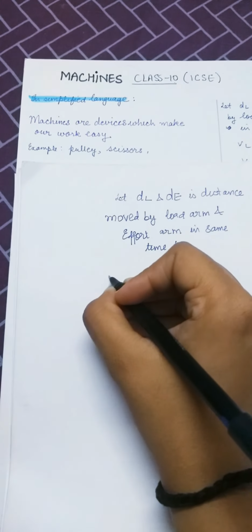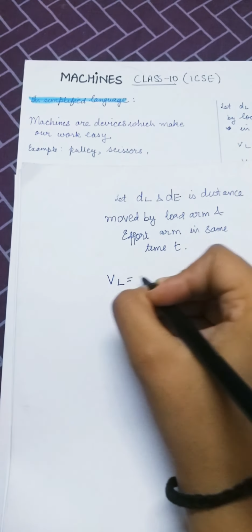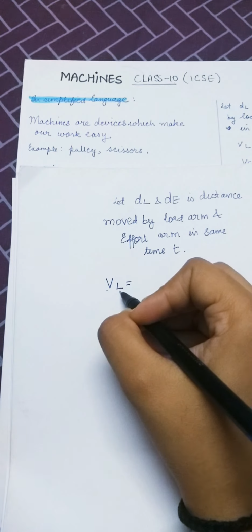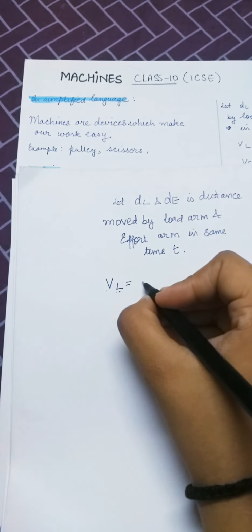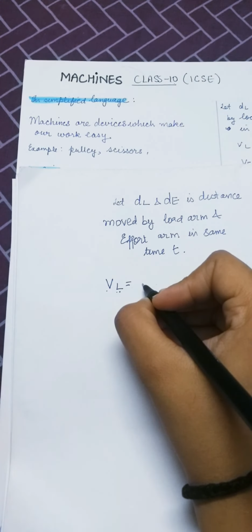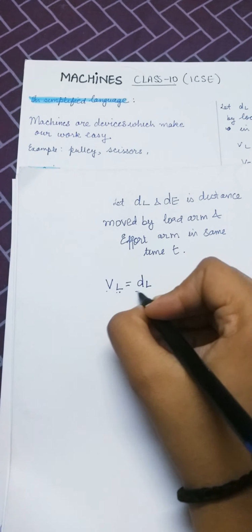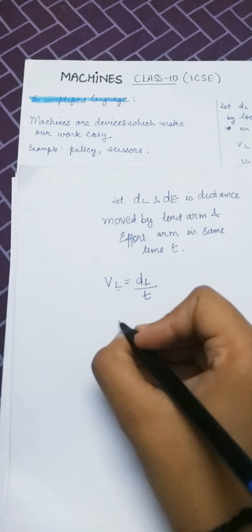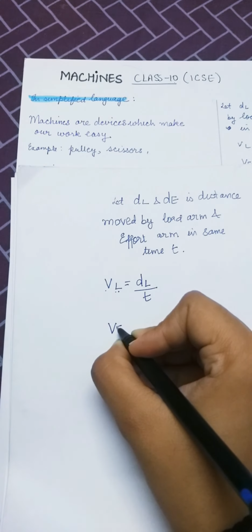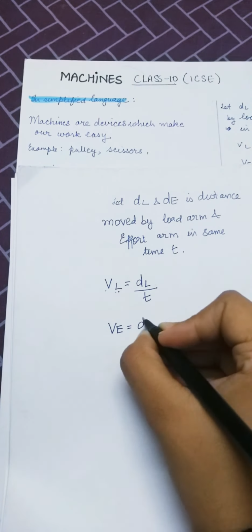So I can write VL equal to, VL was the velocity of the load arm. We know velocity is distance by time, or displacement by time, so I will write dL by t, and VE I will write dE by t.